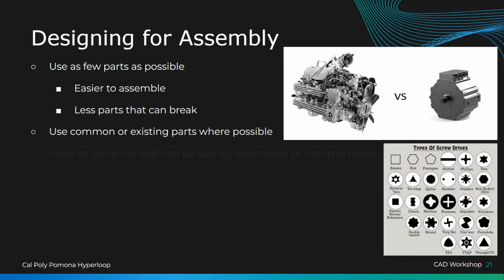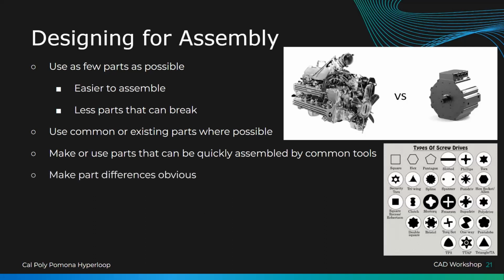Use common or existing parts where possible, and make parts that can be quickly assembled with common tools. You see those screwdrivers right there? I don't know who on earth uses the ones at the bottom. I've heard that some people do it as a security thing: if you're a special company and you don't want people messing with your stuff, you make very specialized screws that no one else has the tools to deal with.